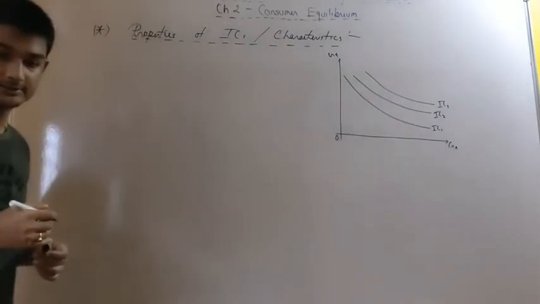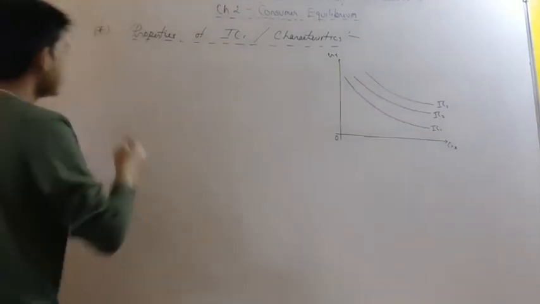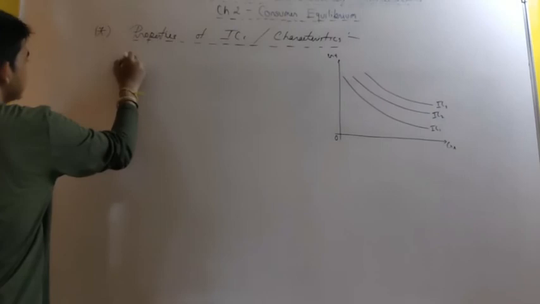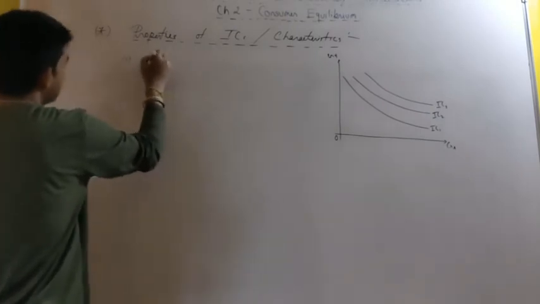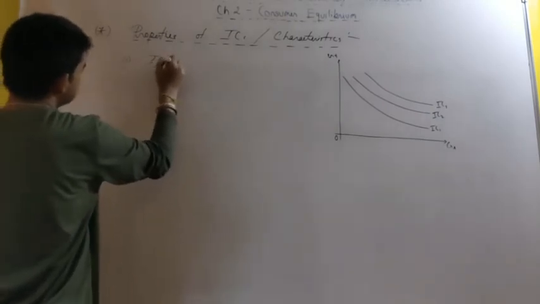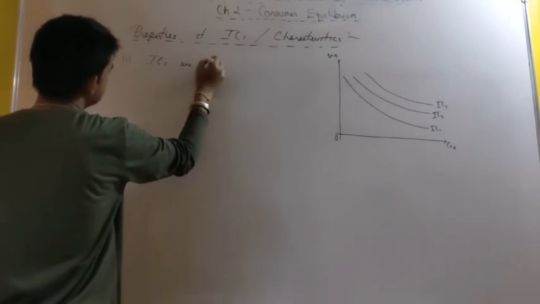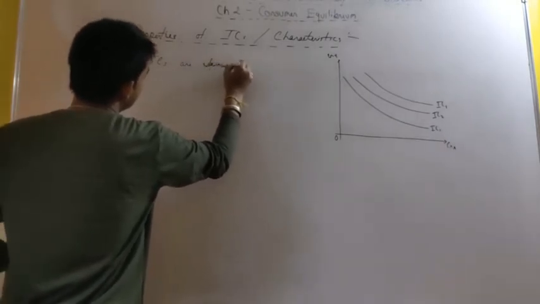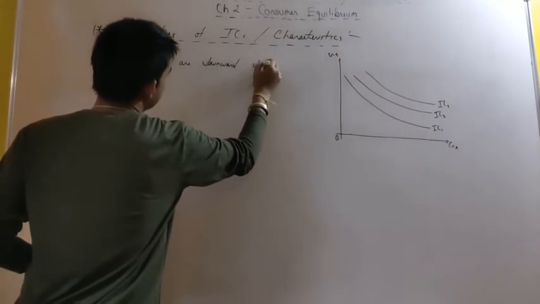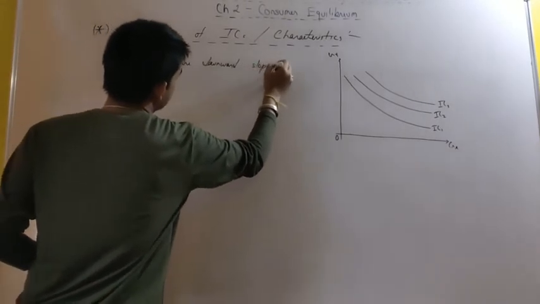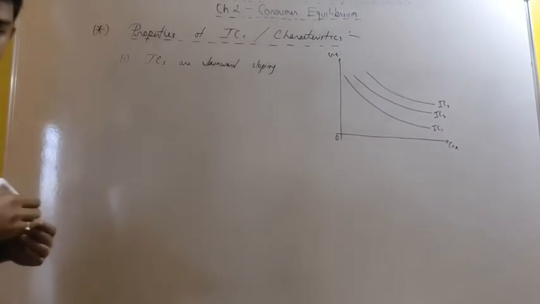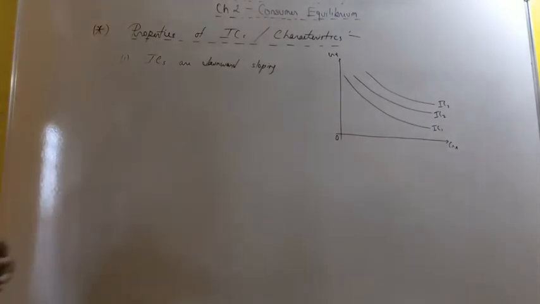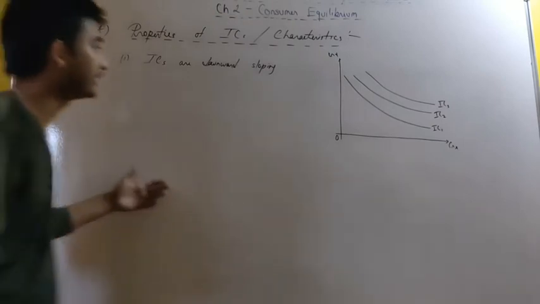Okay. So the first characteristic we can easily find is that indifference curves are downward sloping.